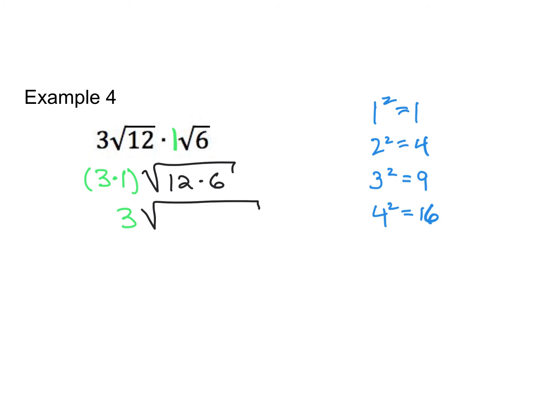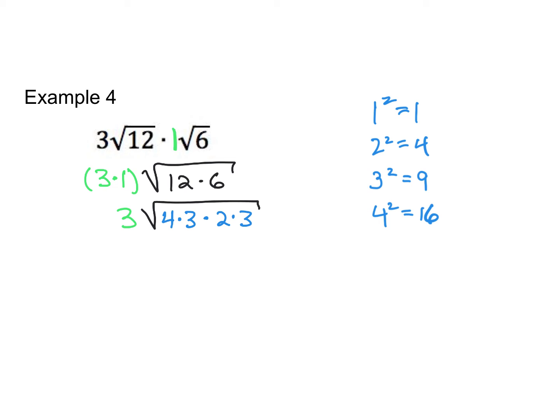So 12, oh, there's 4 that's on the perfect squares list. And I know that 4 can be a factor of 12. So I can do 4 times 3 for the 12. And then is there a square number for 6? No, not really. But I do know I can do 2 times 3.